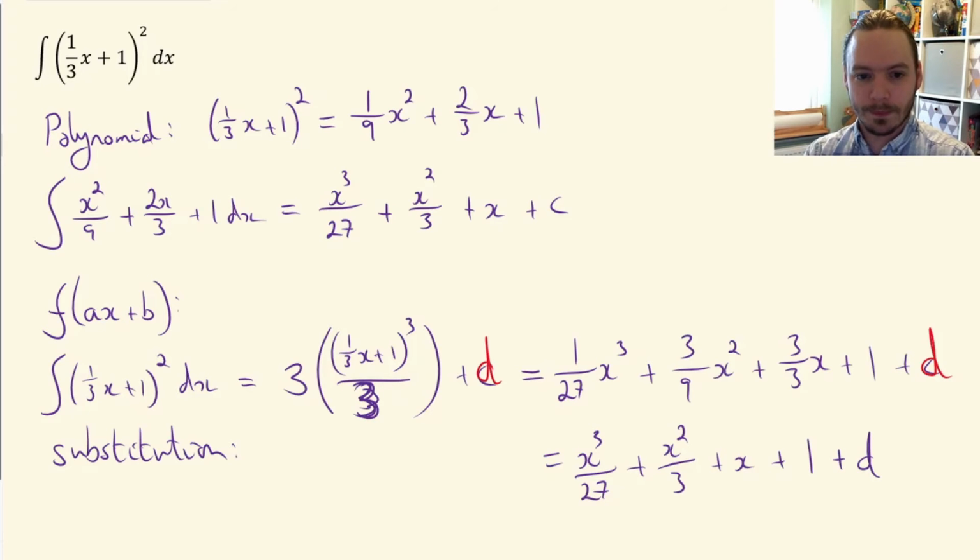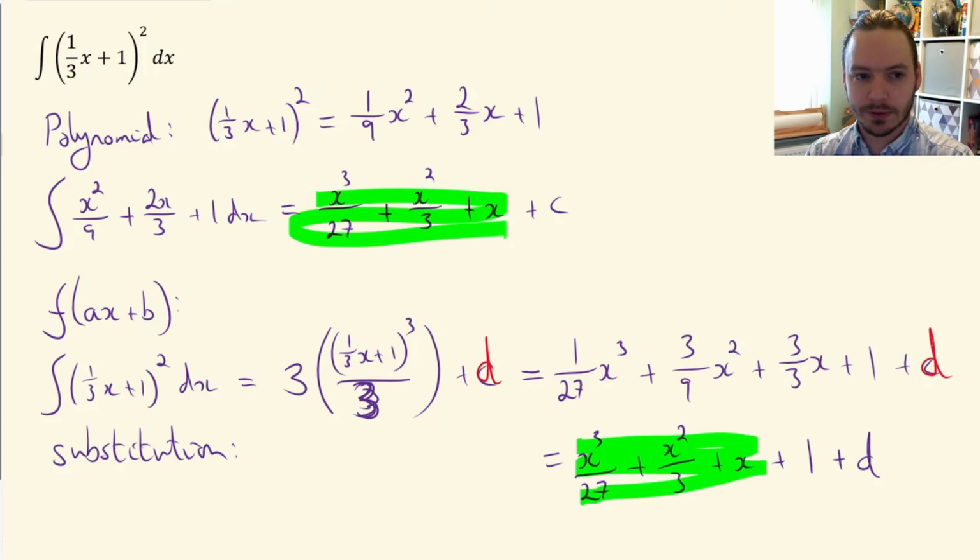So this whole section with the x terms in has turned out to be identical, but this constant has fallen out slightly differently when I do my expanding, but they are both constants. c and 1 plus d, they're both constants, and they will end up being the same. Both of those strategies involved expanding binomials. The second one was a lot simpler, and actually I could have left this without expanding. I didn't need to expand this. We could have stopped here, 1/3 x plus 1 all cubed as our answer.